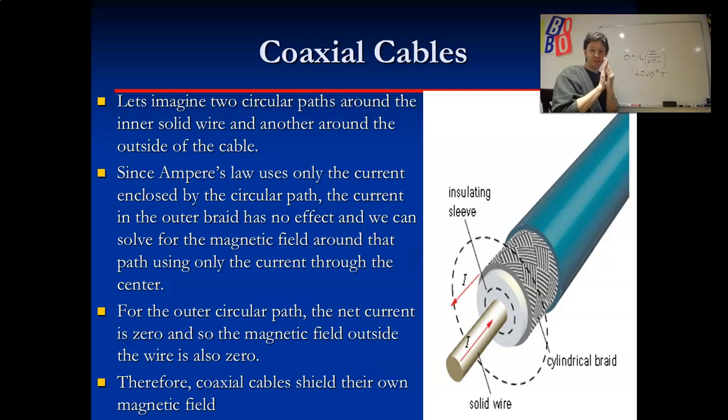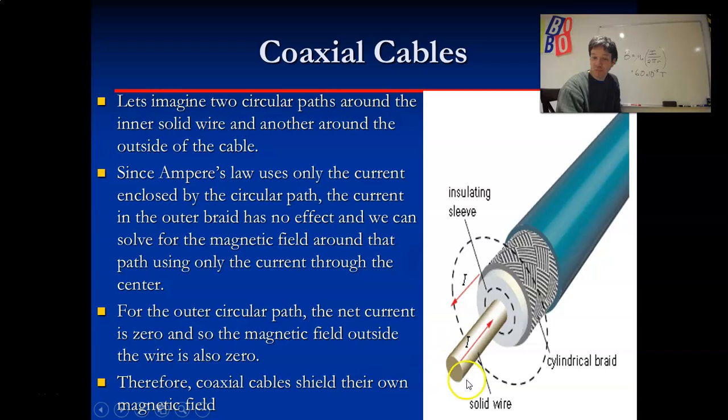They're either going to attract or they're going to repel. Sometimes you don't want your wires attracting or repelling other wires, so we have something called a coaxial cable. In a coaxial cable, you have the current going through one wire and then coming back outside of this insulating area, from this sort of metallic braid, and then you have another insulating area.